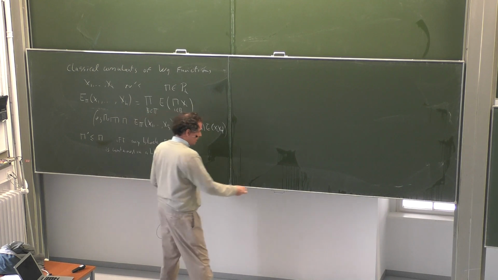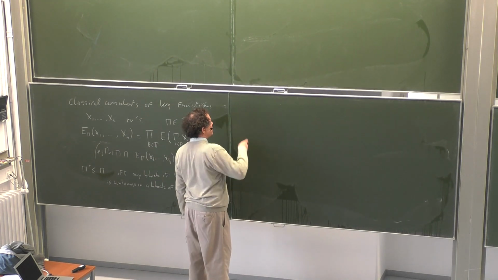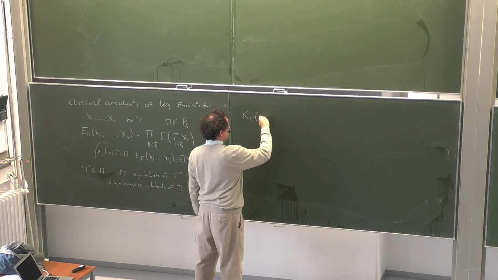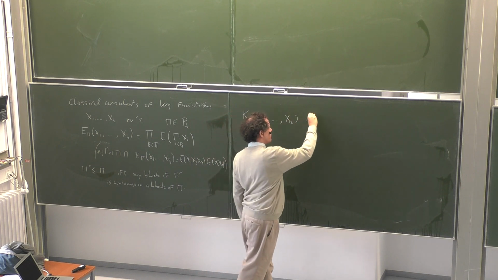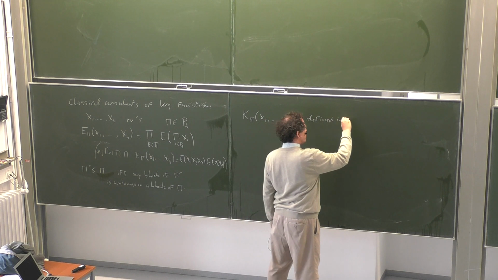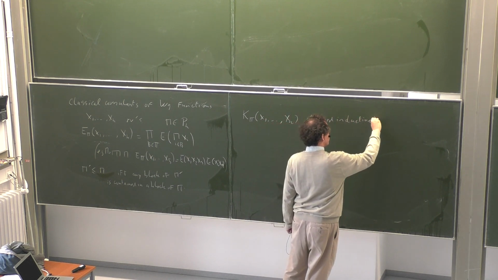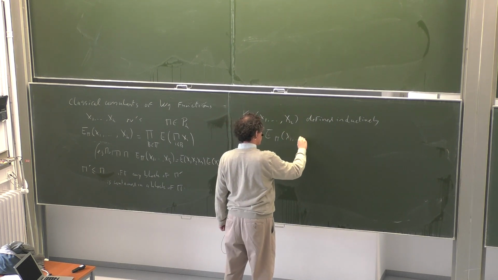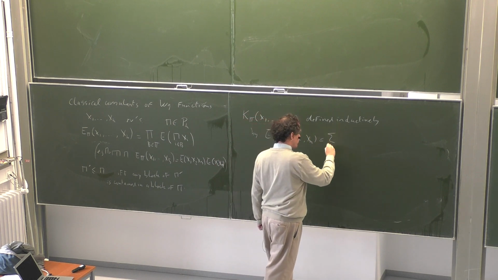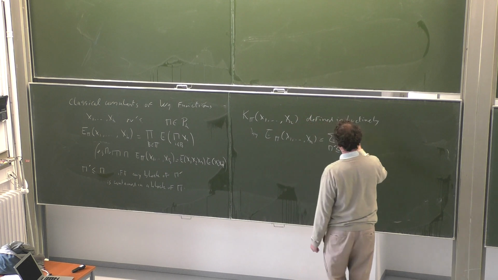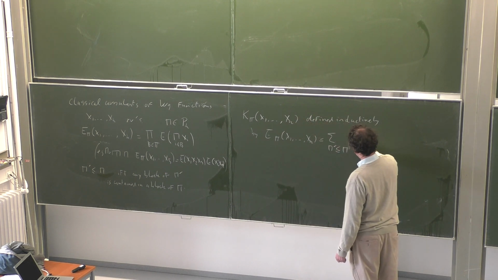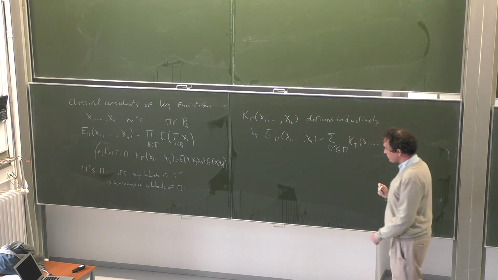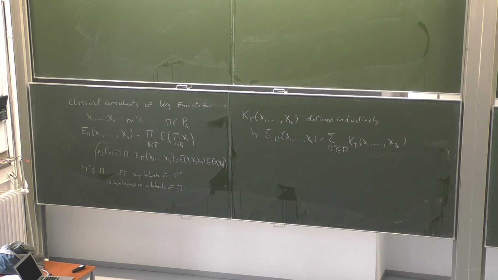And now we just define κ_π of x_1, ..., x_k inductively by: E_π of x_1, ..., x_k is the sum over all partitions π' finer than π of κ_π' of x_1, ..., x_k. That's a triangular system, so you can define it uniquely.